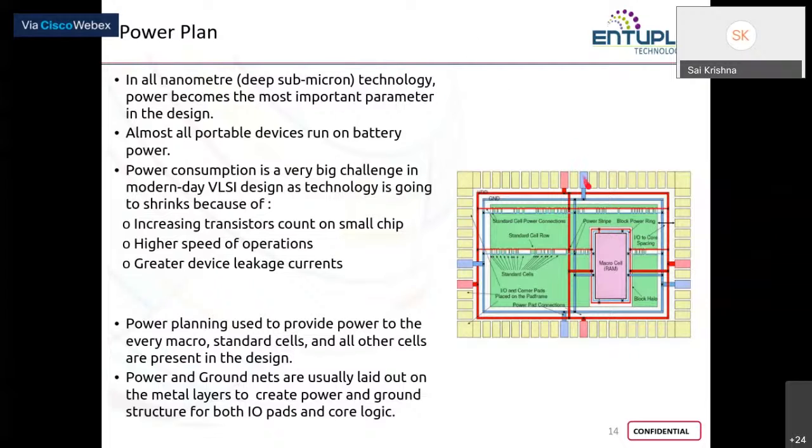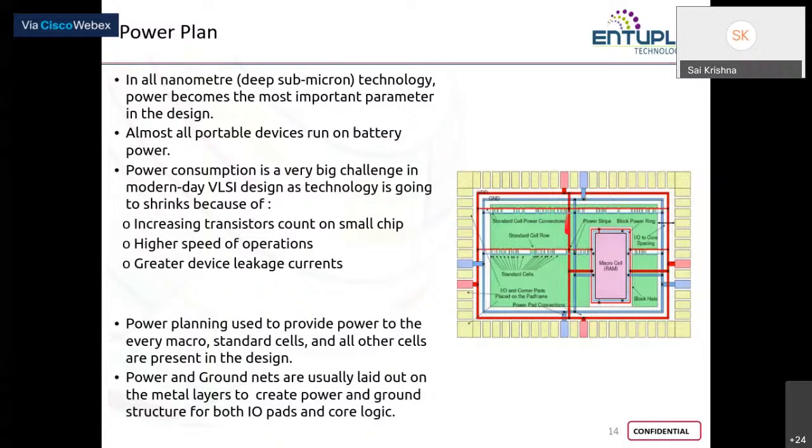If you look at the picture here, you can see you have two colored pins on all the four sides. These are your VDD and VSS pins. Let's assume, for our understanding, the reddish shade indicates VDD, and the blue indicates ground.